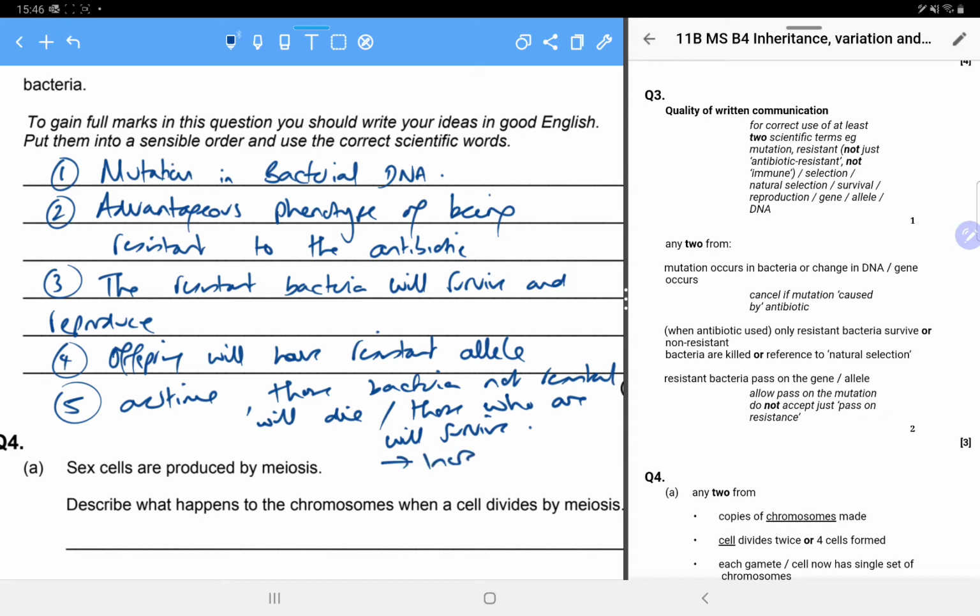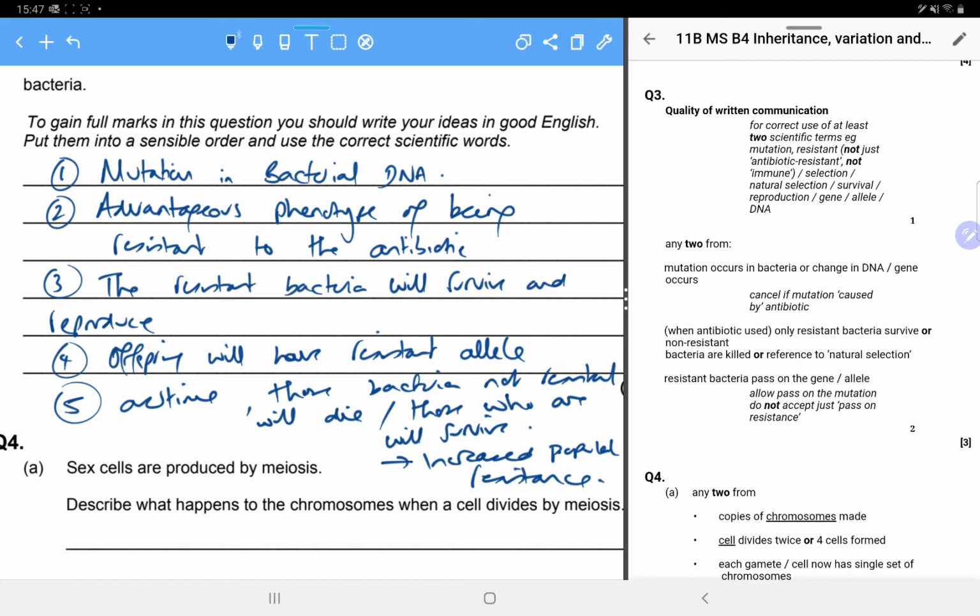Goes to increased population resistance. Okay, now that is the whole process, and you've absolutely nailed this question if you have put all that down. Okay, knowing my stuff, that's taken me a couple of minutes to put down.